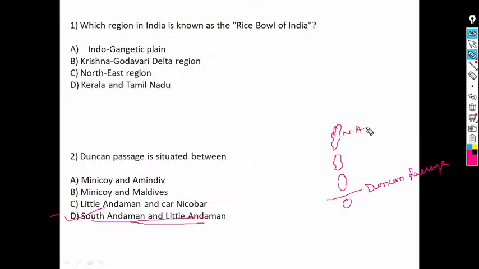Duncan Passage is situated in between your South Andaman and the Little Andaman particularly. And as we discussed earlier, after every two successive questions we'll discuss the answers, right?